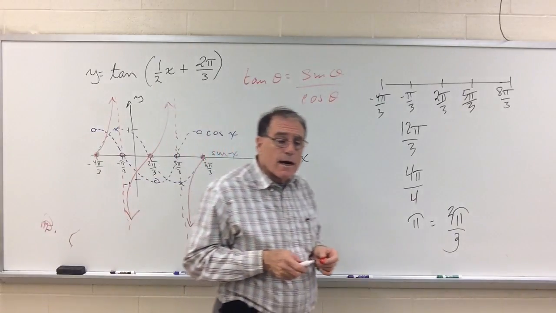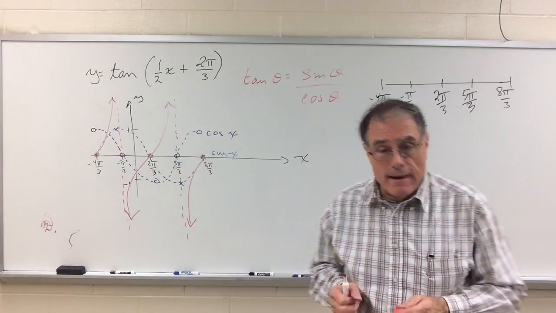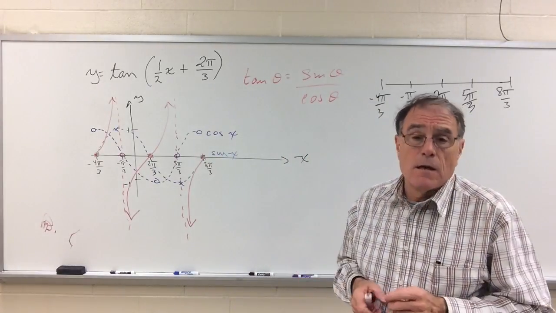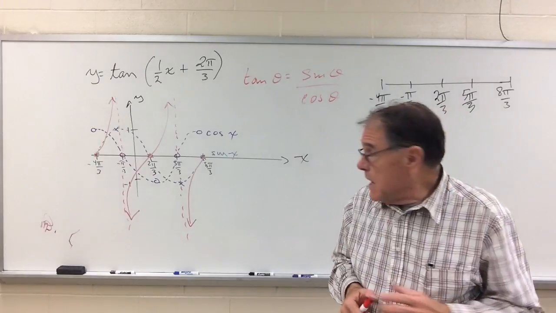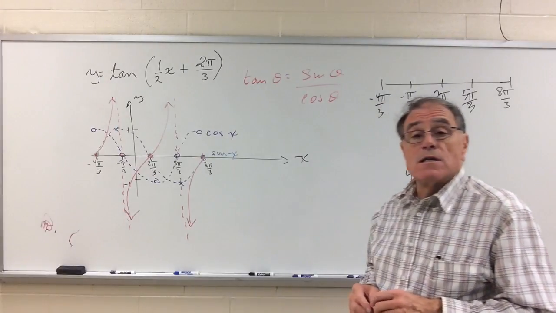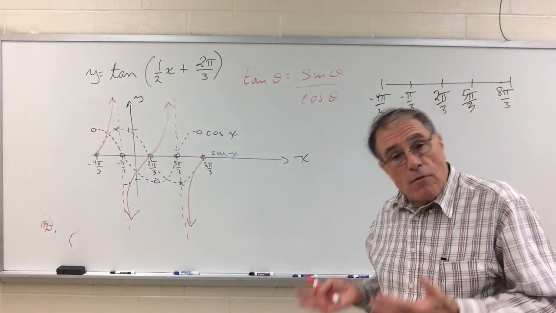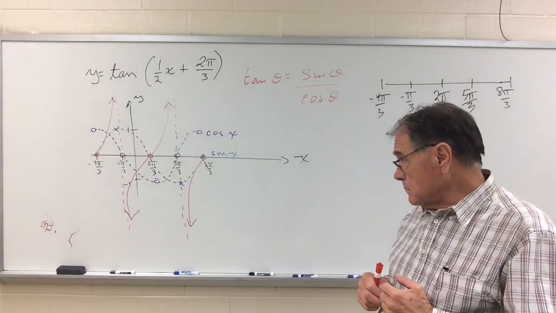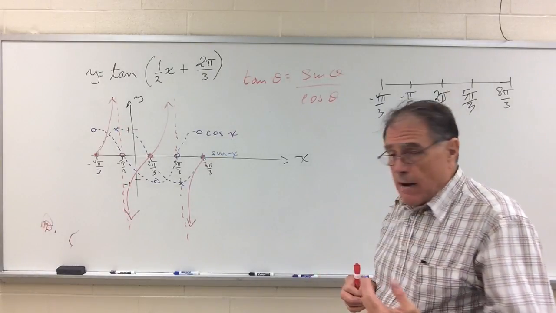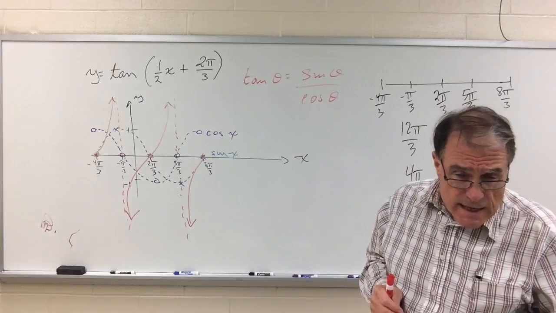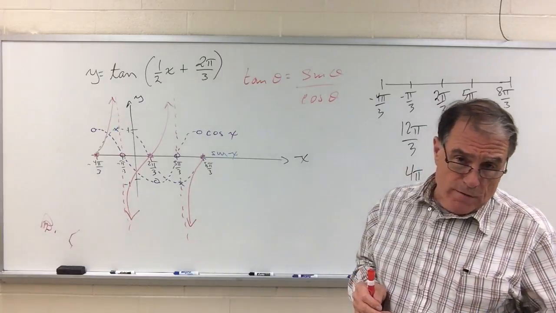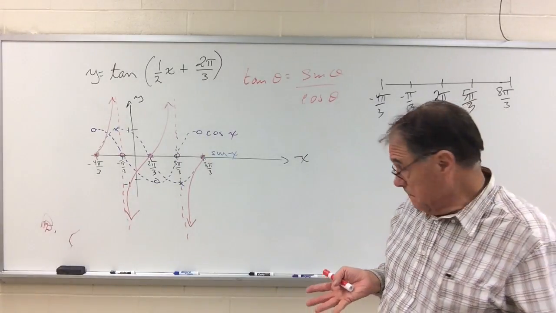Graphing sine and cosine, and using what we know about the tangent, we can complete the graph. And in such a way we could easily also have graphed the cotangent. We could easily have graphed the secant. We could have graphed the cosecant.